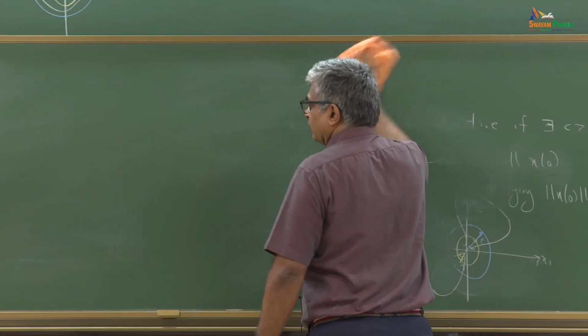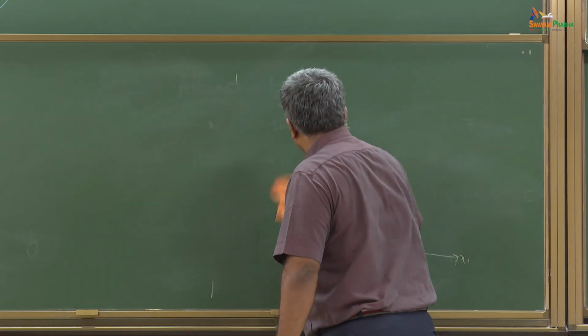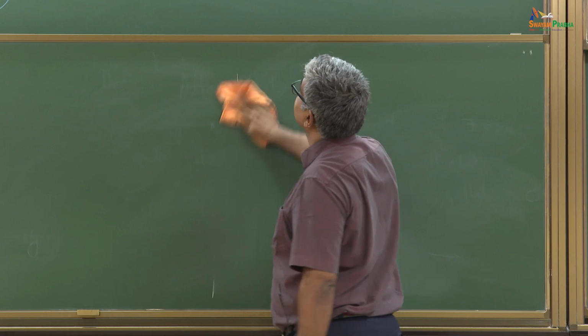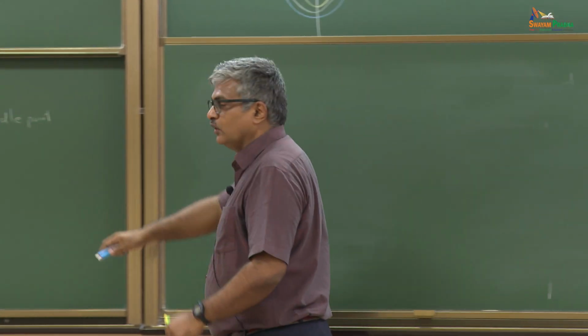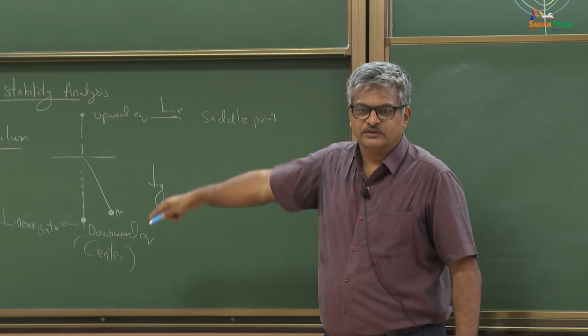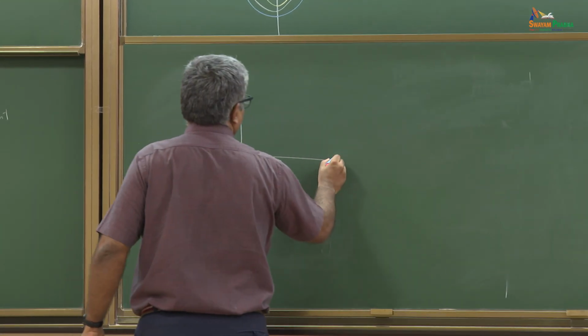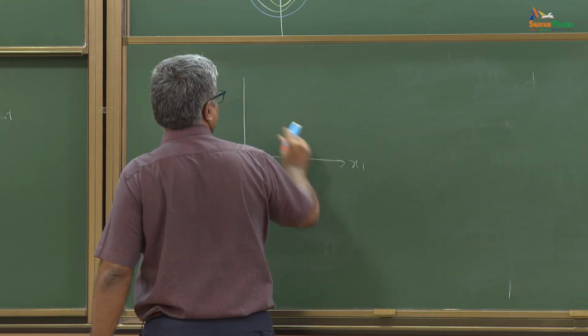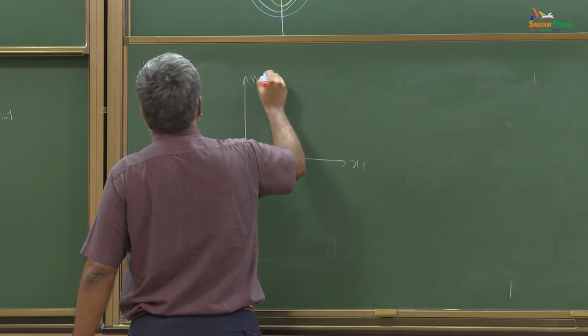So maybe before we go, we can actually solve this problem, because using this definition we know how to draw the phase portrait for this. At least locally around the lower equilibrium point, where theta was the angle and x2 was theta dot.